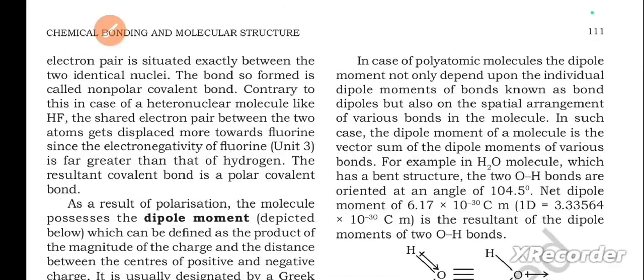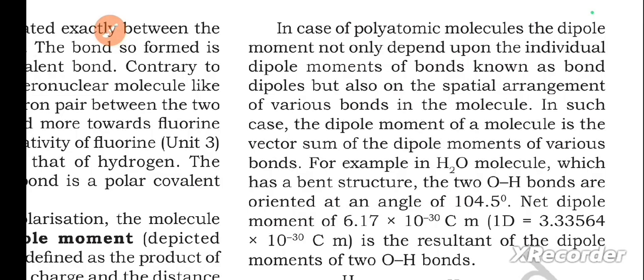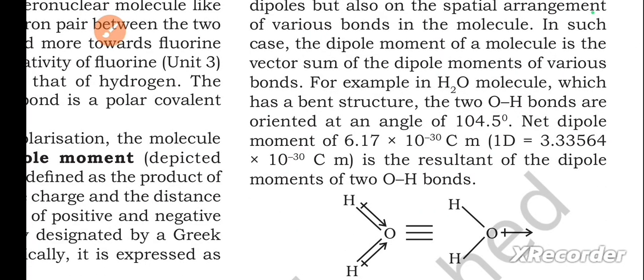In the case of polyatomic molecules, the dipole moment not only depends upon the individual dipole moments of bonds, known as bond dipoles, but also on the spatial arrangement of various bonds in the molecule. In such a case, the dipole moment of a molecule is the vector sum of the dipole moments of various bonds. For example, in the H2O molecule, which has a bent structure, the two OH bonds are oriented at an angle of 104.5 degrees.